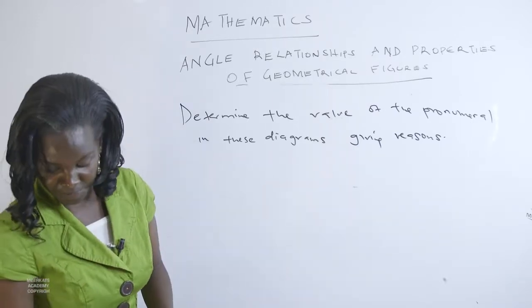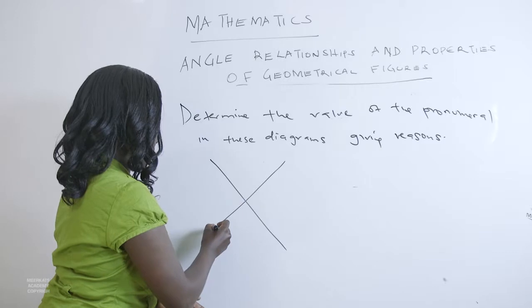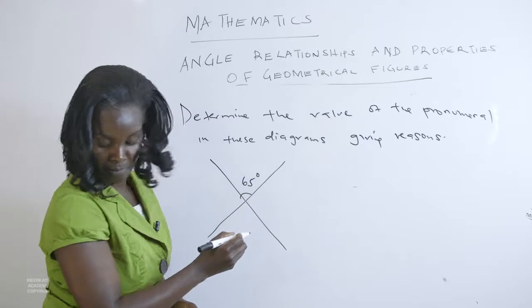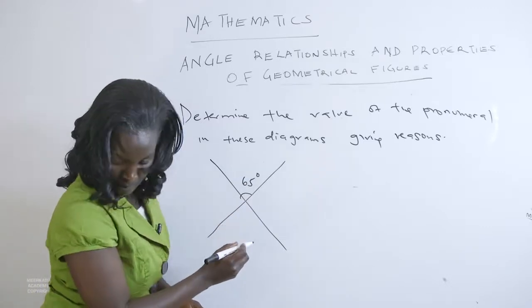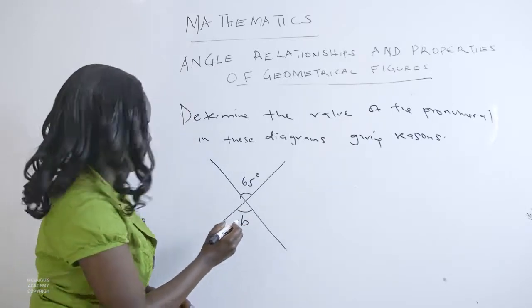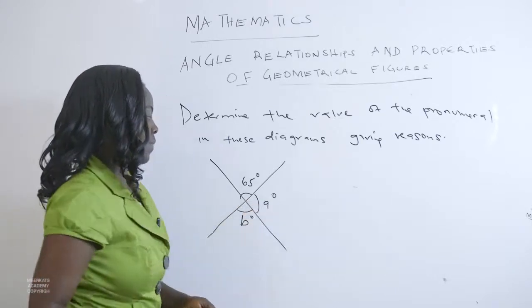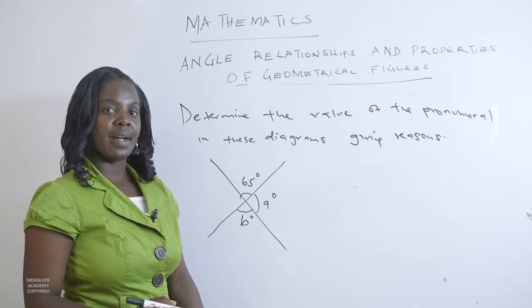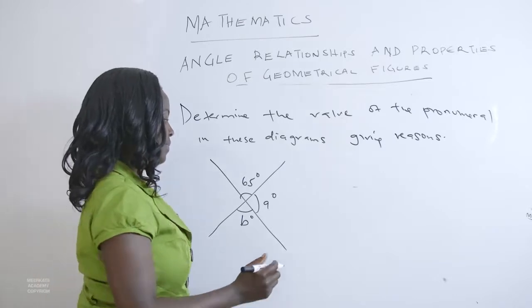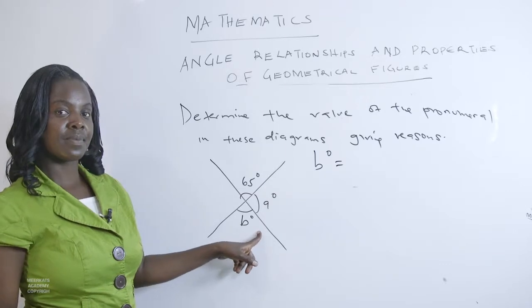Let's look at another example. Find the value of A and the value of B. Let's start with B. What do you think is the value of B?